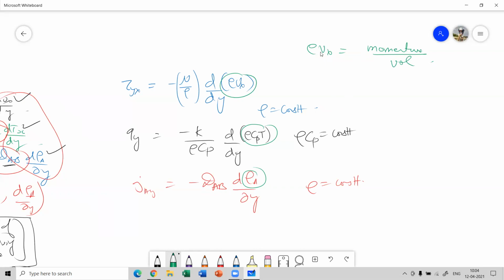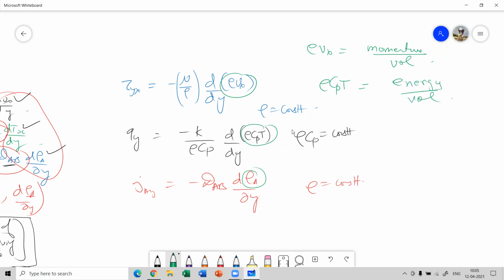It's momentum per unit volume because mass into velocity will be momentum, and density can be written as mass upon volume. So it's mass into velocity, momentum per unit volume. Clear? Whereas rho Cp T, it's now density, mass upon volume, m Cp T. m Cp T is basically the energy. So it's energy per unit volume.